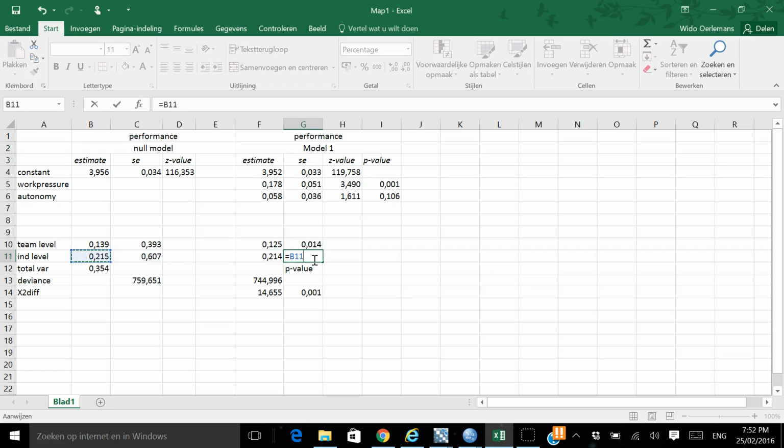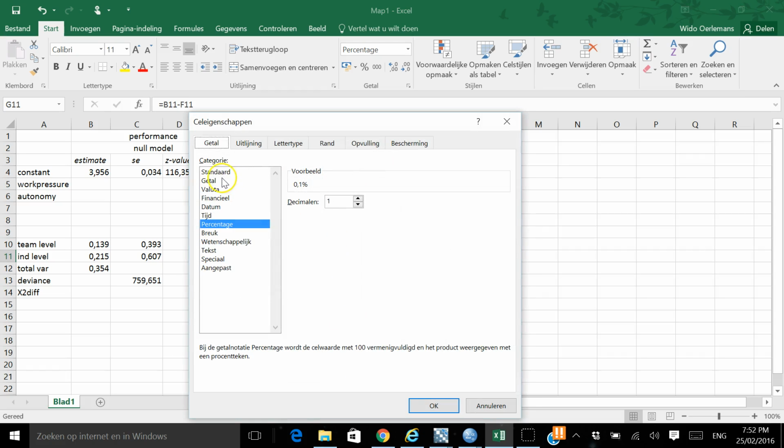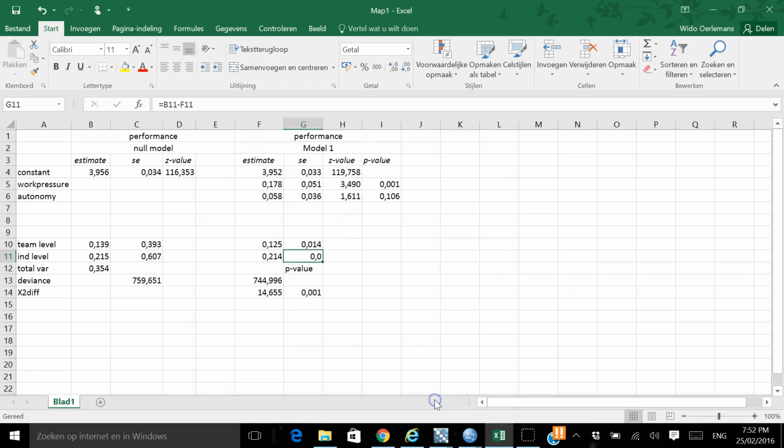And then, of course, we have also percentage. So I hope you see what I'm doing here. Okay. So we see here that unexplained variance here is 0.139, 0.125, so the explained variance is 0.014. Here the difference in unexplained variance is 0.001.